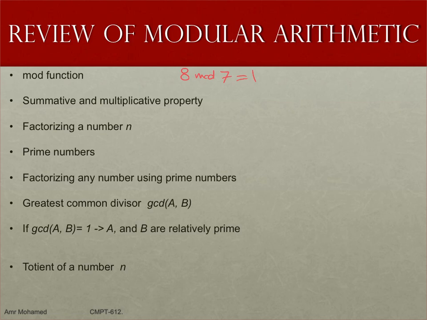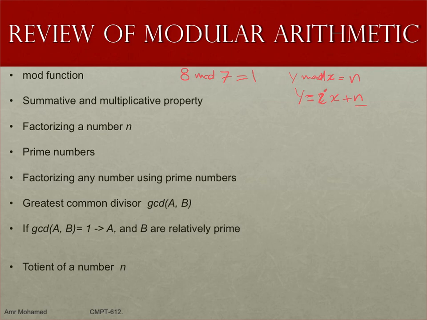This means that if I say generally y mod x is n, this means that y can be represented as a multiple of x such that the remainder is n. Is that clear? So this way I can represent y as multiples of x such that the remainder is n. So that's fine.